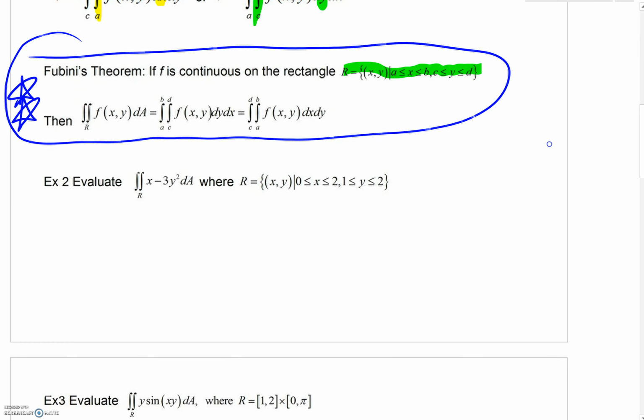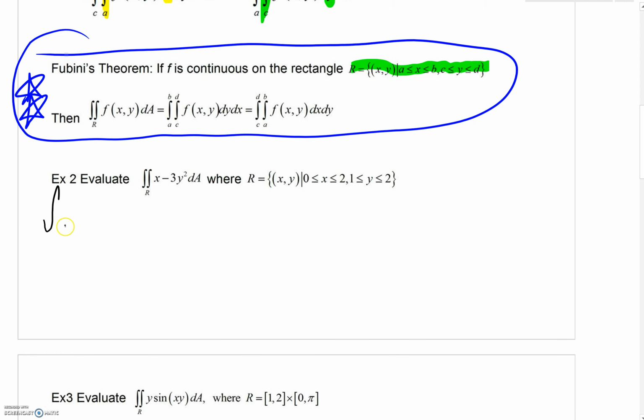So as we take a look at example 2, just want to tell you, you are completely at liberty to integrate with respect to either of these variables first. Sometimes it's smarter to integrate with respect to one of the variables first. Looking at your integrand, x minus 3y squared, really taking antiderivatives here, it really won't matter, will it?